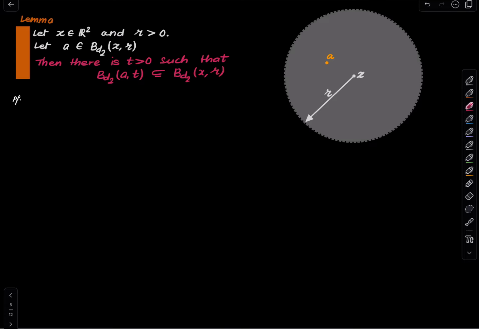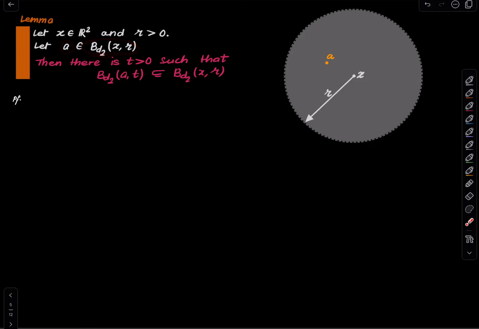So it's saying something very simple. All it is saying is that if you take a point inside the ball, you can find a small ball around A which is contained in the big ball. Intuitively, this is very, very simple. And it is important that you take A inside in this ball.